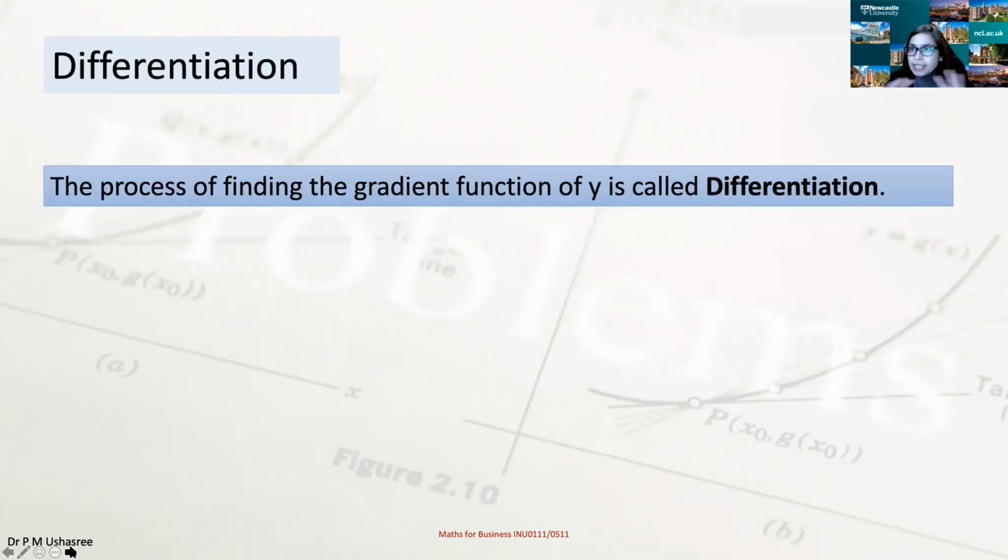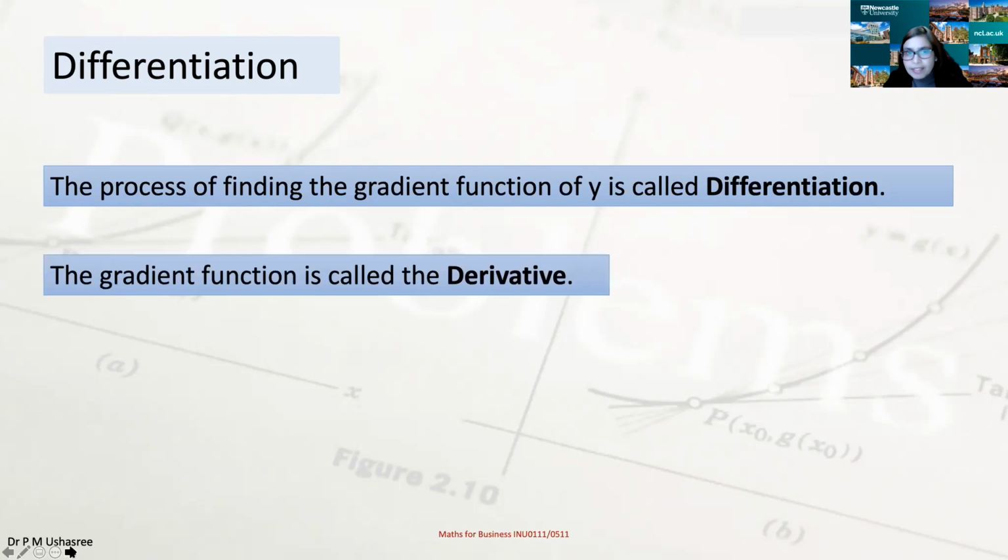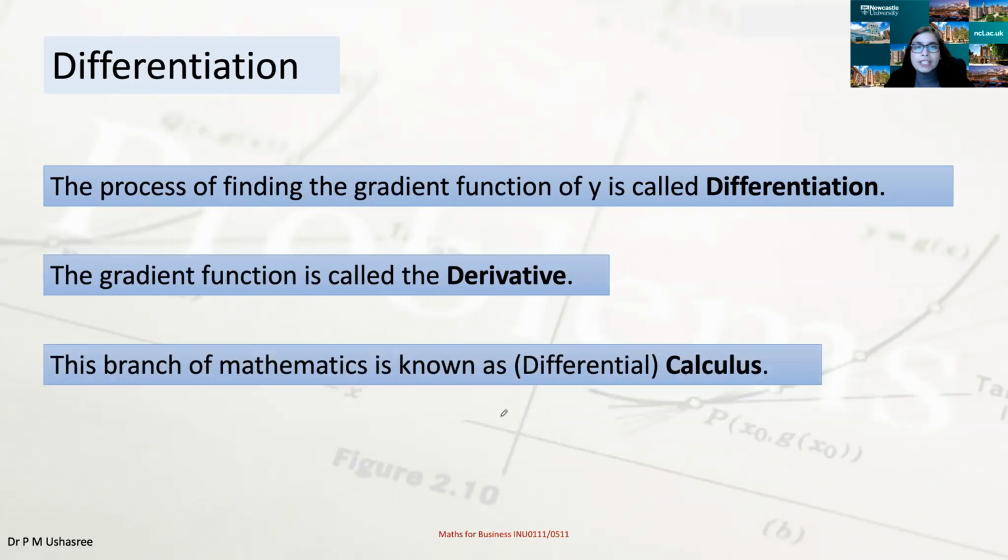Okay, so let's summarize before we move to the next topic. The process of finding the gradient function of y is called differentiation. The gradient function is called the derivative. And this branch of mathematics is known as calculus. Because we are doing differentiation here, it's differential calculus. We have integration too, but I don't think you have that in this semester.